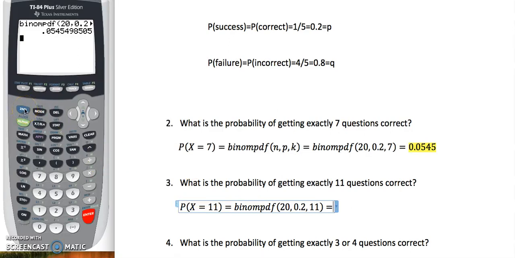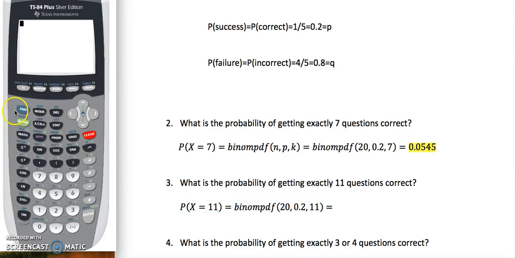So go back to the calculator and clear this out. Press second, open up that distribution menu, and scroll all the way down to A, binomial PDF for a precise value. The only thing that needs to change is the X value. Instead of exactly 7, we want exactly 11. So type 11 in, press enter, enter, and enter again.